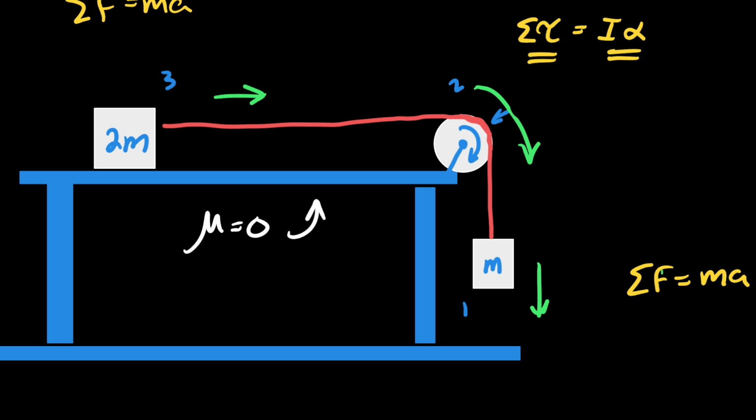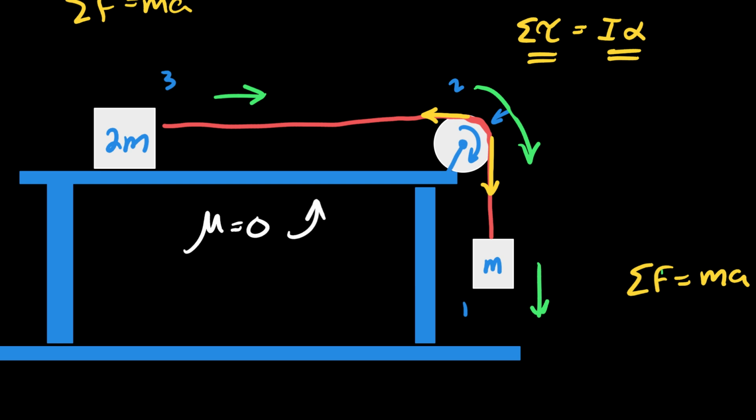Now, I don't know if you know what that means, but let's consider the forces acting on the pulley right now. For example, there is a force acting on the pulley this way because the string is pulling down on the pulley. But there's also a force acting on the pulley this way because the string is pulling to the left on the pulley. We didn't do it like this before.